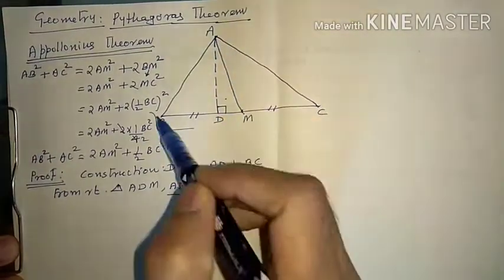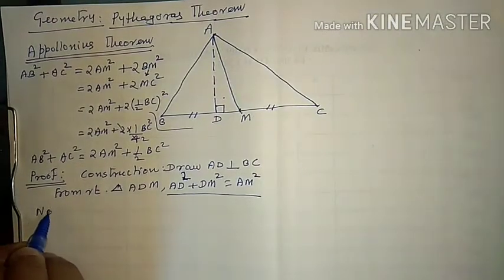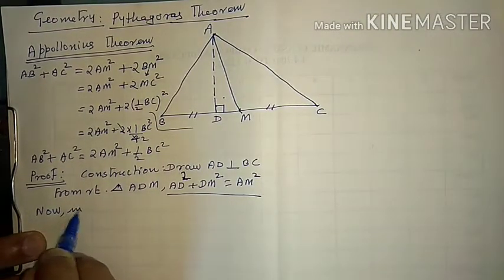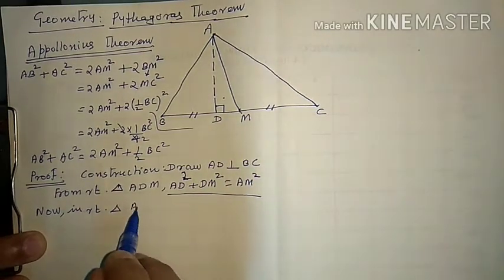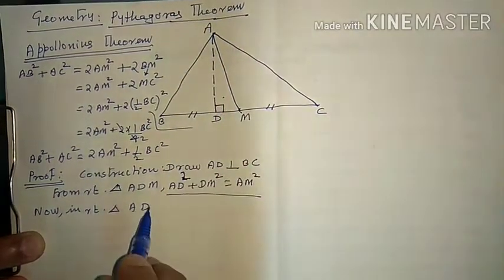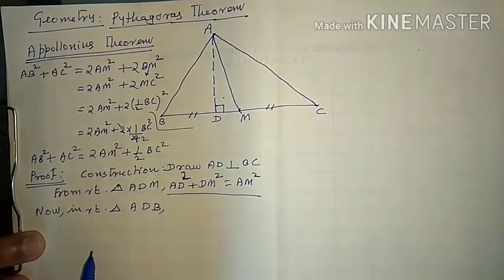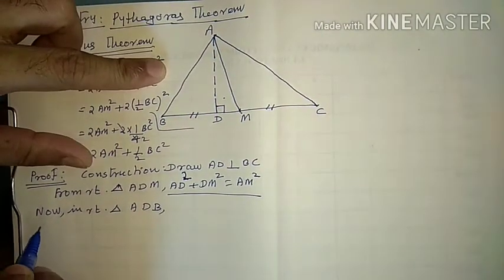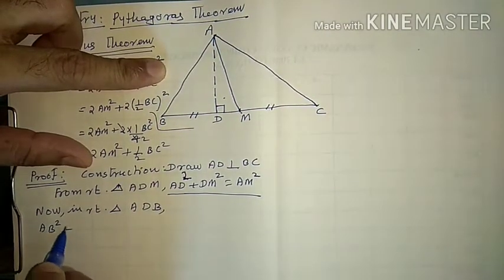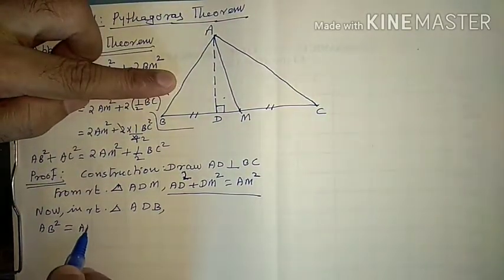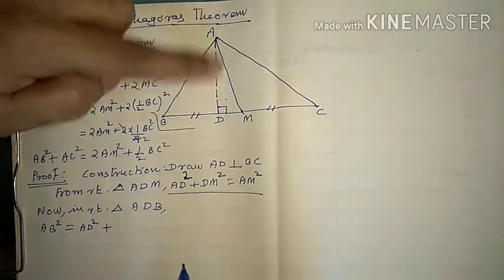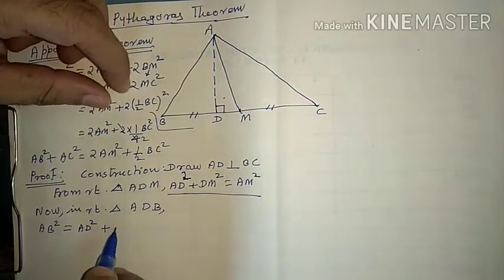From triangle ADB, in right triangle ADB, we use the Pythagoras theorem. AB square, hypotenuse square, is equal to AD square plus BD square.